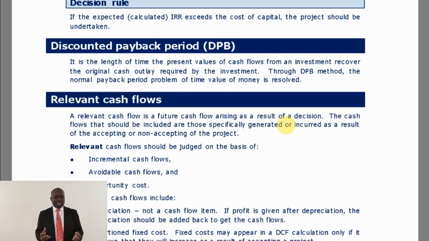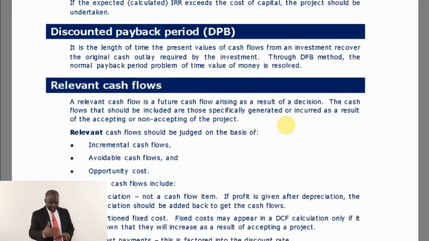And as such, the discounted payback period was introduced. So discounted payback period measures the number of years the present value of the future cash flows will be able to recover that particular investment.